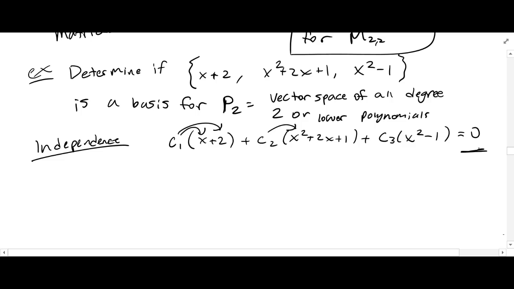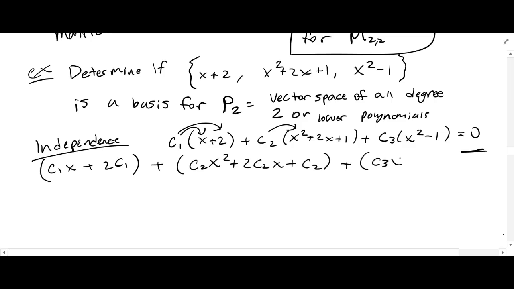So if we distribute this out and group together the x squared terms. The x squared term would be c2. This is an x squared term, and that's an x squared term. So c2 plus c3 times x squared.